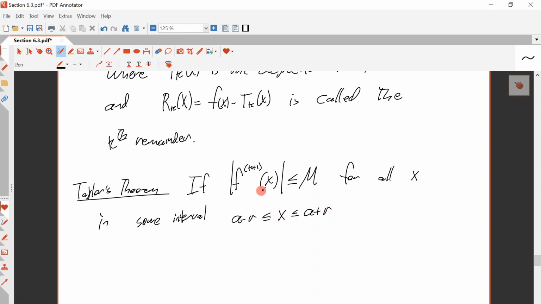So the k plus first derivative of f of x has got some maximum value in some interval.